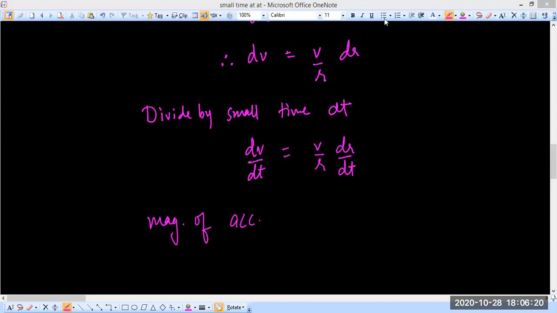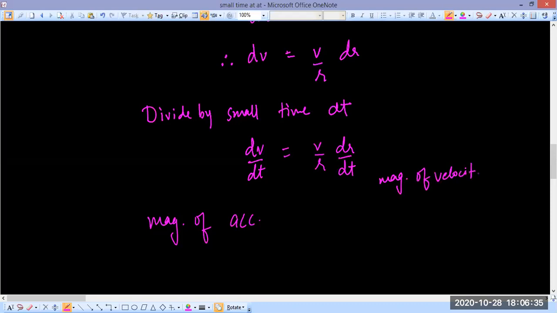Here speed is constant. So it is magnitude of acceleration. And on this side, dr by dt is magnitude of velocity.